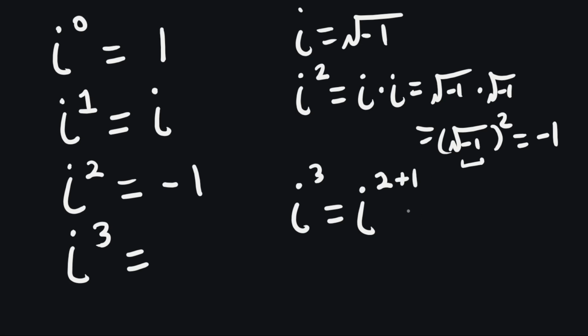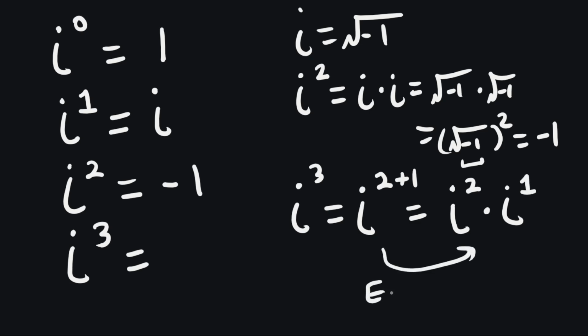And we can break up this term into two numbers with exponents. So i to the 2 plus 1 power is i to the 2 times i to the 1. This is because of the product rule for exponents.